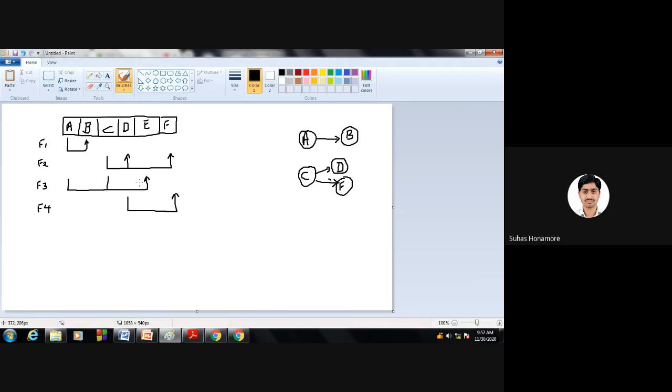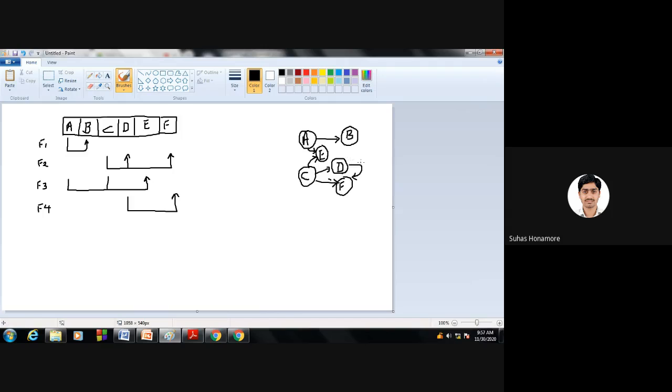Then AC to E: from A and C together I can derive E. The last one is D to F.